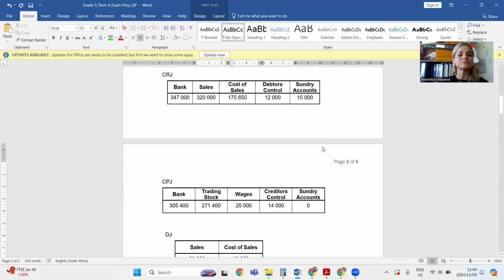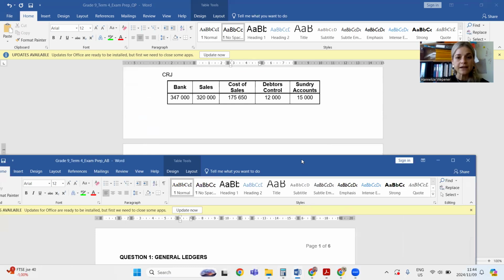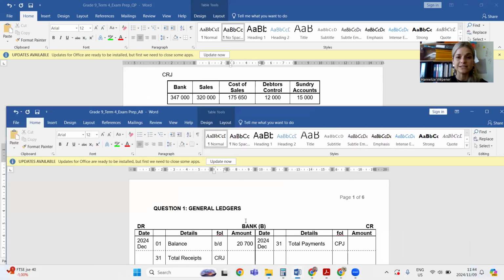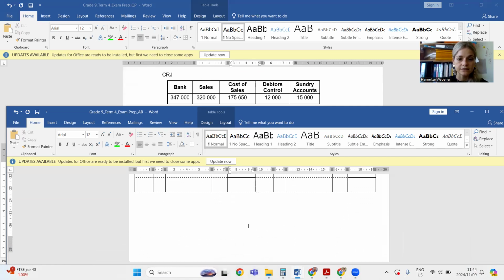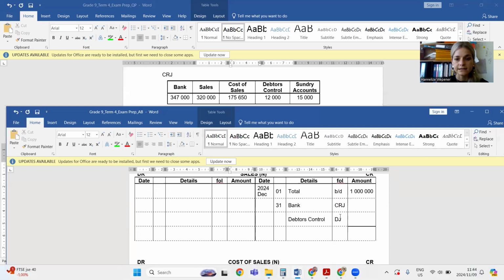Righto, now let's go. In the CRJ, we're starting off with bank. So the bank column means the total receipts for this month. So I go to bank and I say the bank is increasing because of total receipts 347. Right? Then why did I receive the money? Because of sales. So I go to sales and I say that I received money as recorded in the CRJ, 320,000.